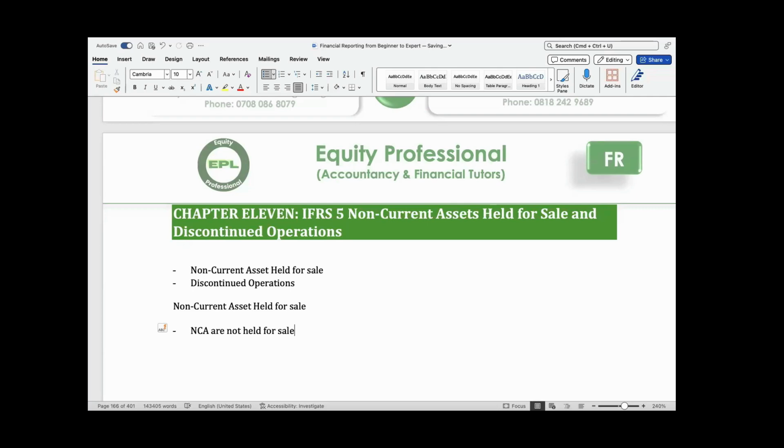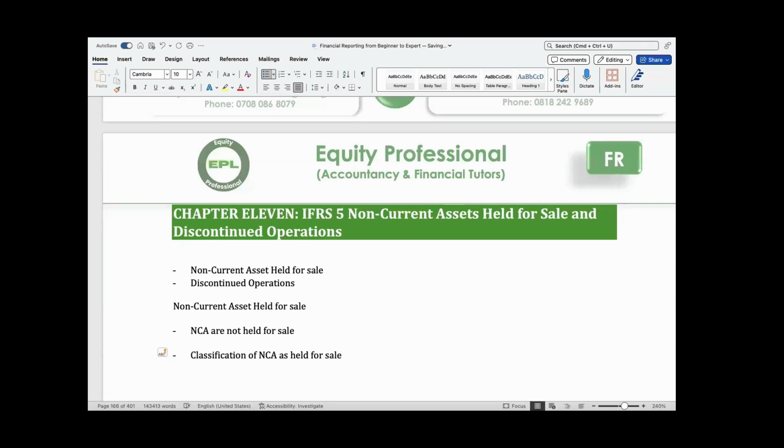So that means that for us to have a standard that talks about a non-current asset that is now held for sale, we need to understand why. Then the three issues I will teach you under non-current assets held for sale: at what point can you classify a non-current asset as held for sale?